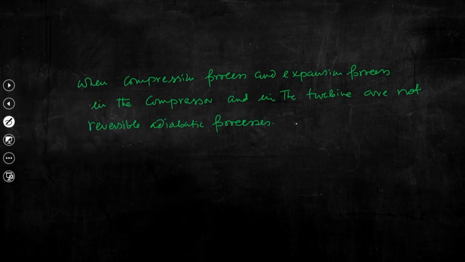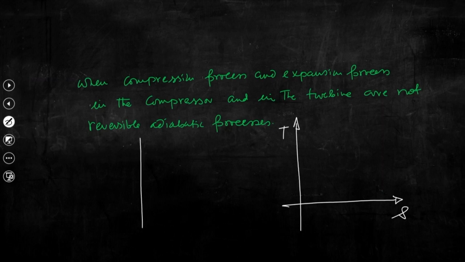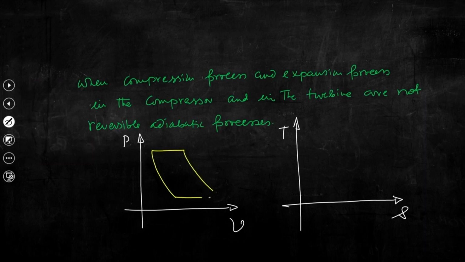So, what we can do, we can again map the processes in another plane, that is the Ts plane, and we also can map the processes in the PV plane. As I said, for the open cycle gas turbine unit, so this is 3, this is 2, this is 1, this is 4.